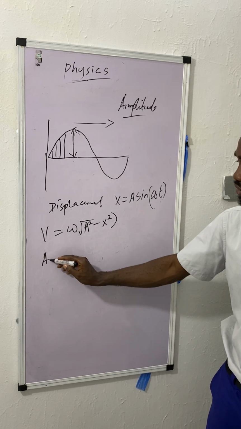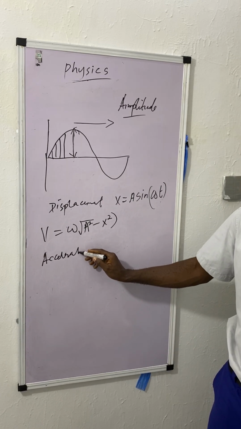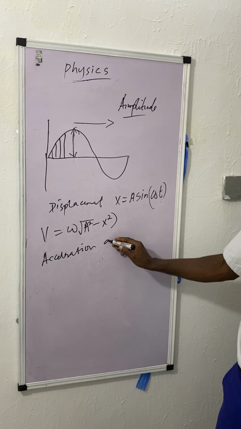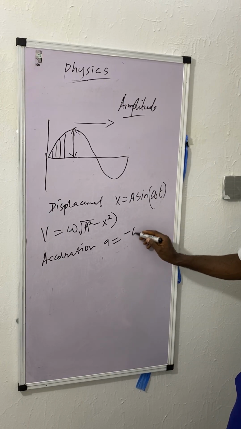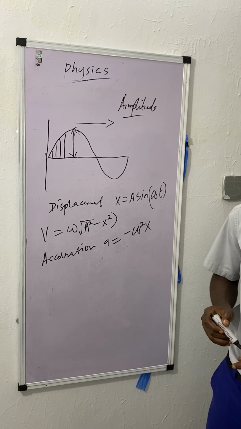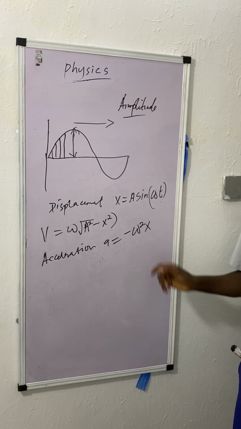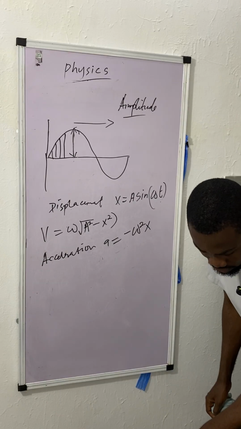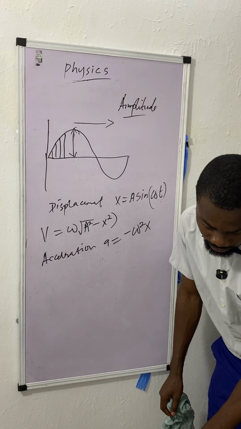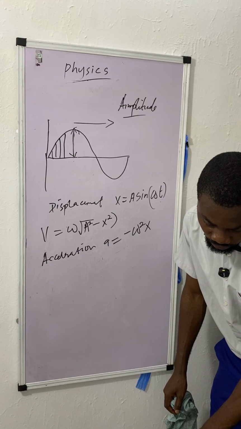Then the third one is acceleration. How do we determine acceleration under questions related to simple harmonic motion? Acceleration is equal to negative angular velocity squared times displacement. So that's that for the formulas. You can go and learn the formulas too.